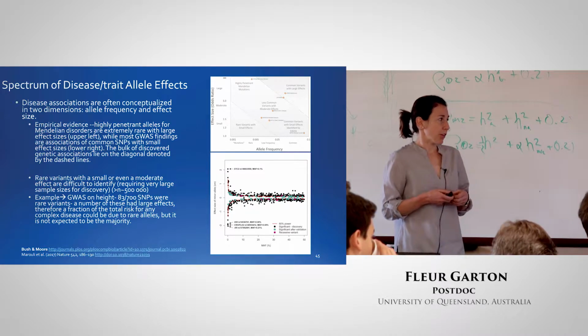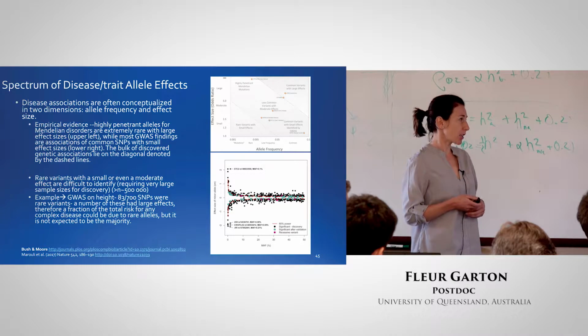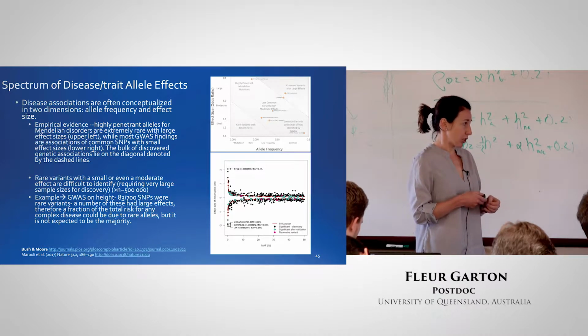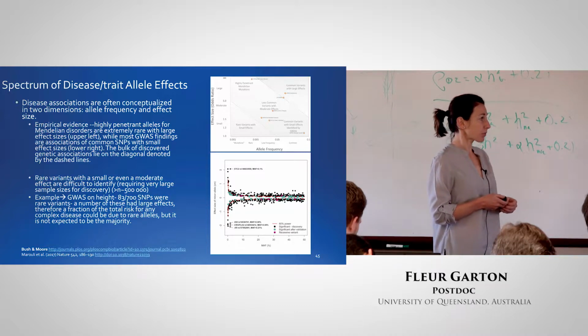And so rare variants with a small effect are actually incredibly hard to detect, and they require extremely large sample sizes for discovery. So this is a recent GWAS on height, and this is actually the 80% power curve. So you can see this rapidly increases as you come down to these lower frequency minor alleles.